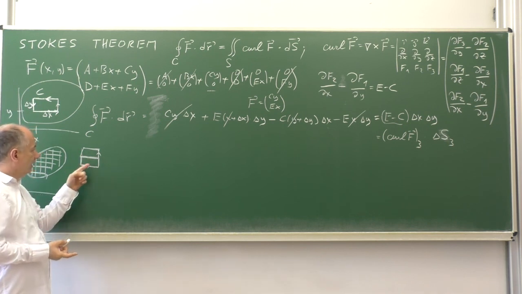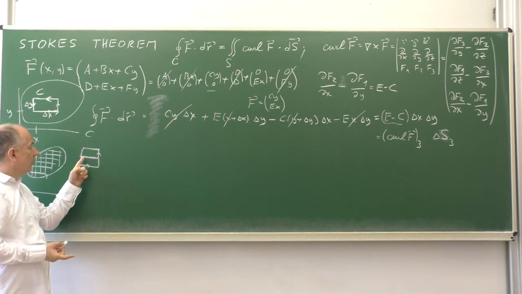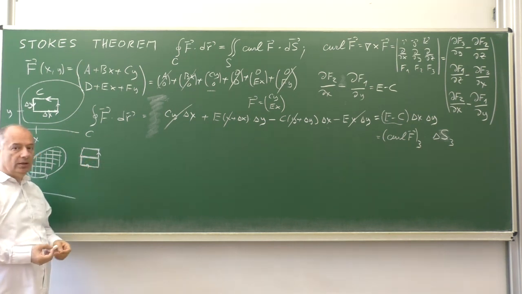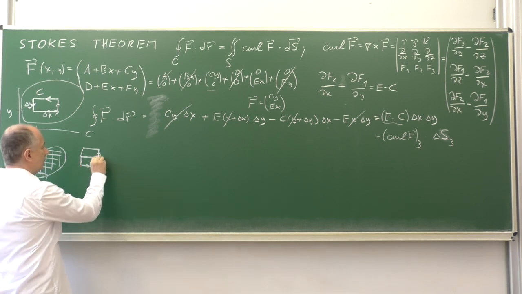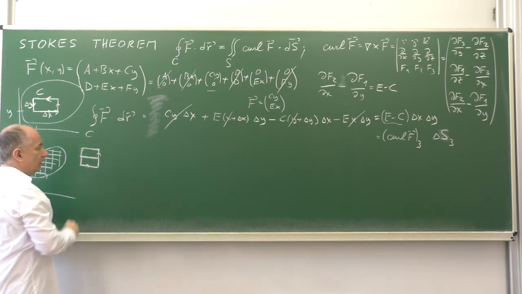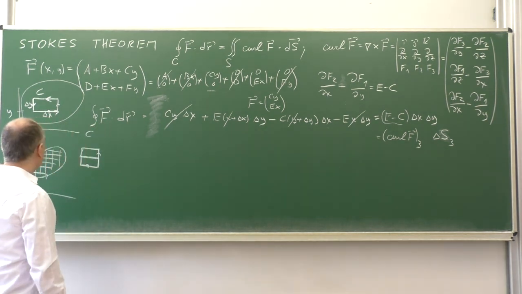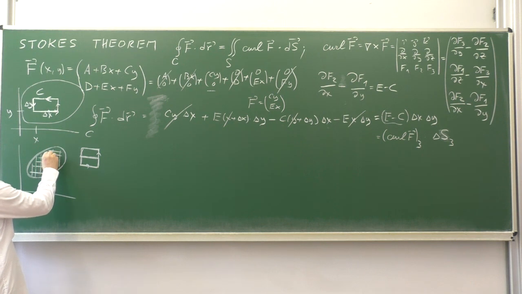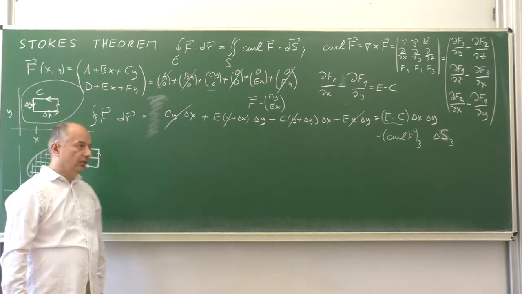So if we add these two line integrals, then this portion, one going to the left, one going to the right, annihilate each other, and the result is equal to the line integral over the entire circumference. And in this way, we can join all these neighboring pieces, and in the end, this is equal to the line integral over the entire curve.